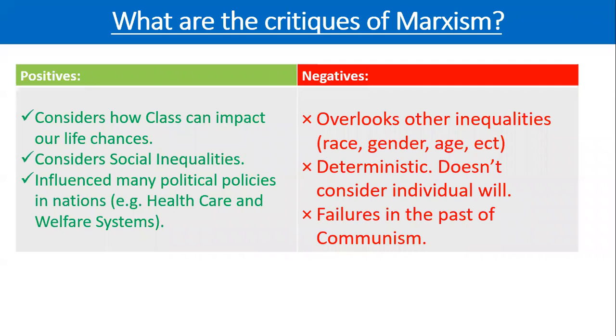So finally, moving on to the Marxist critique. There are some positives with the Marxist theory. It does consider class and how class can impact your life chances. It does consider social inequalities, therefore. Traditional Marxist theory has also impacted things like political policies in welfare and the healthcare system.